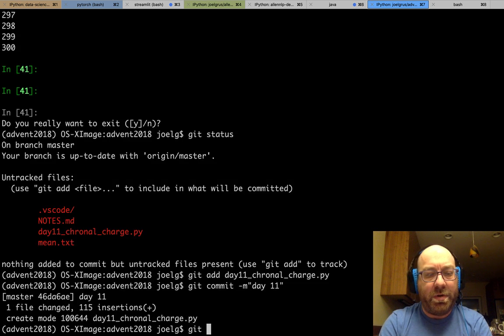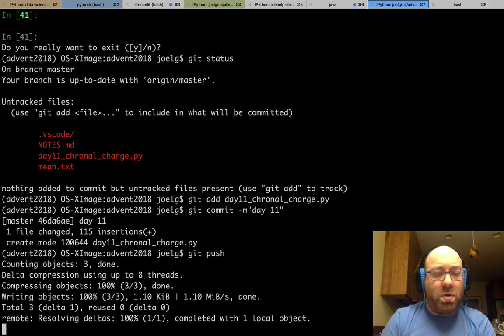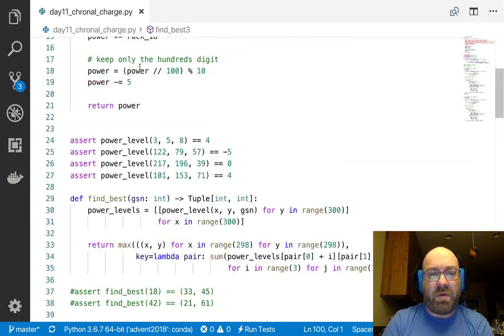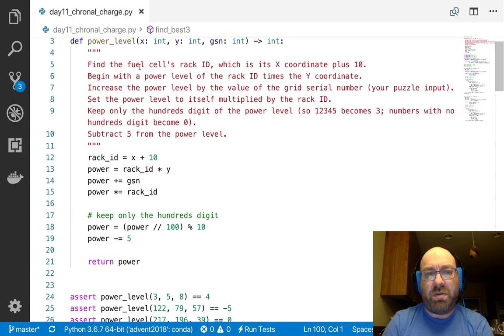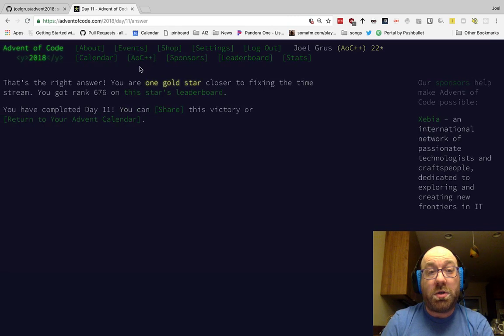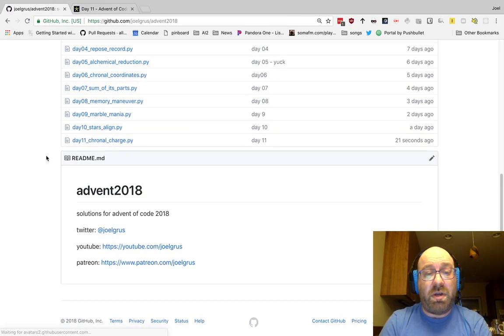Day 11. Git push. So a lot of sitting and watching, and I still feel like there must have been a much better way to do that than what I did. What I did worked. It worked really slowly, but it worked all the same. So I guess that's good.